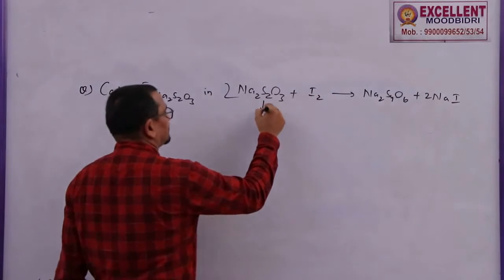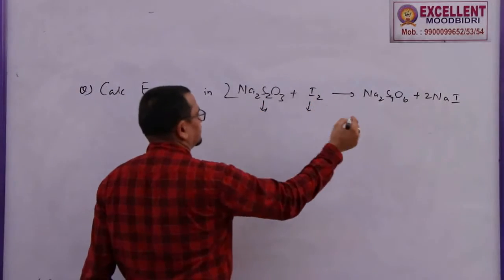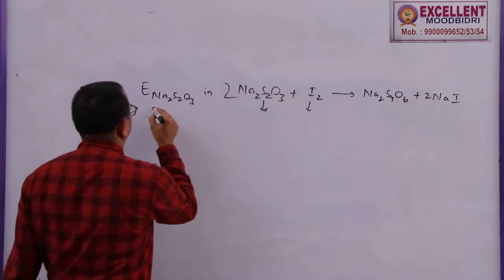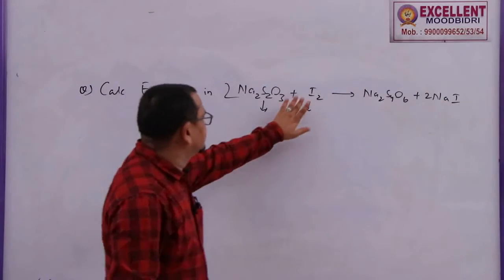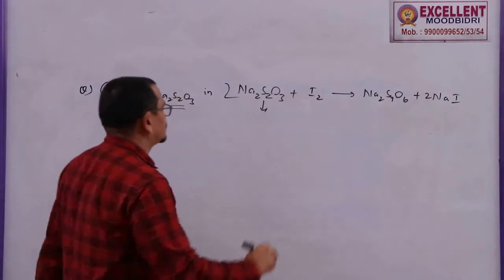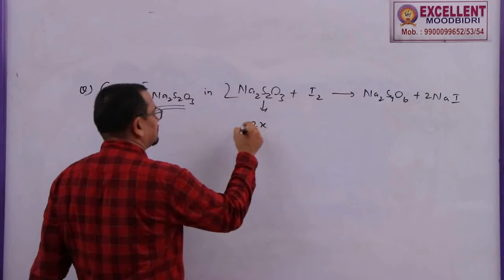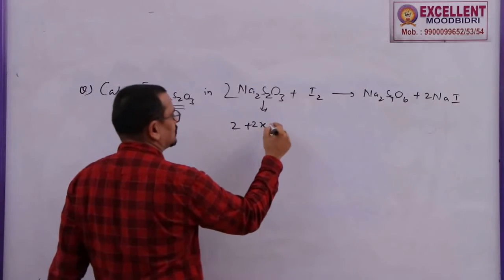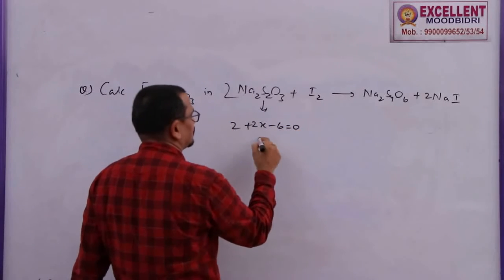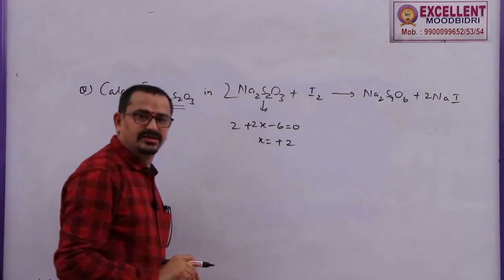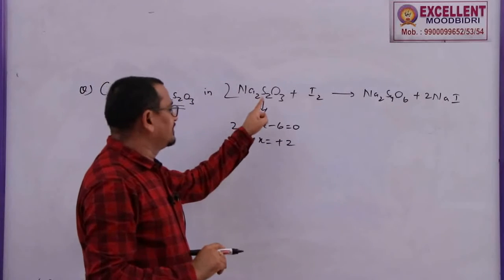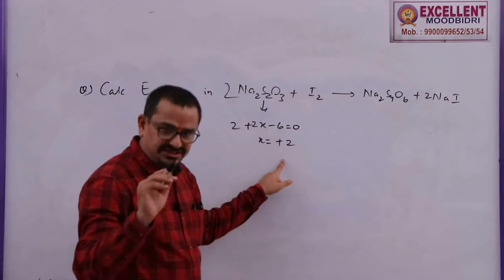Find the oxidation number of sulfur here. Iodine is not required because we are asked to find the equivalent mass of sodium thiosulfate. So here 2x plus 1 into 2 plus 2 minus 6 equals 0. x equals plus 2. Here each sulfur is in the plus 2 oxidation state.